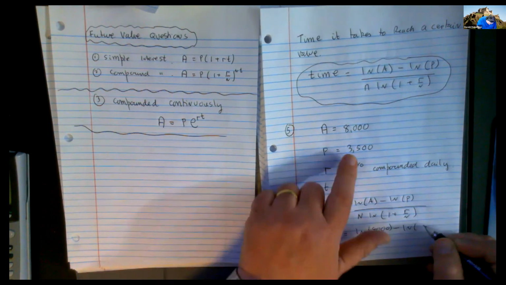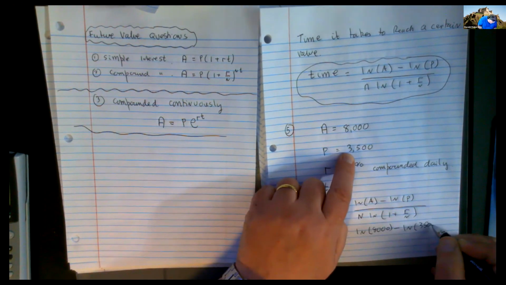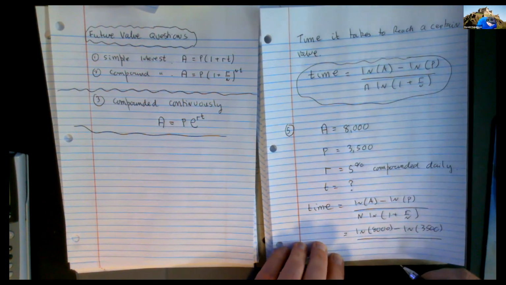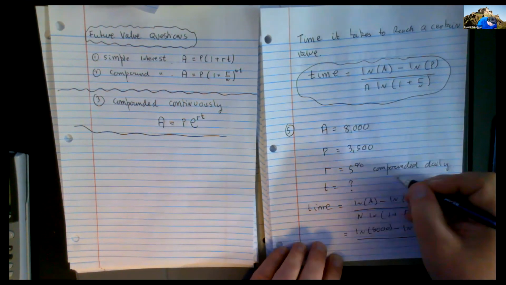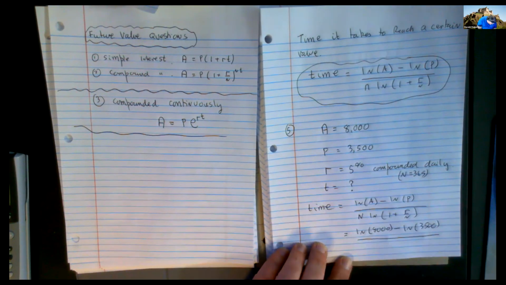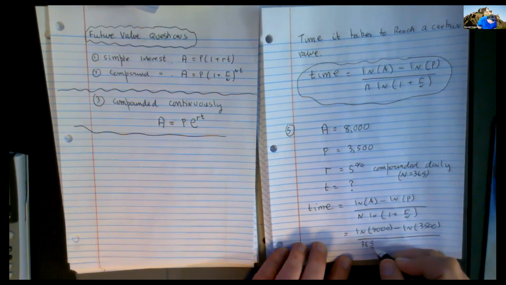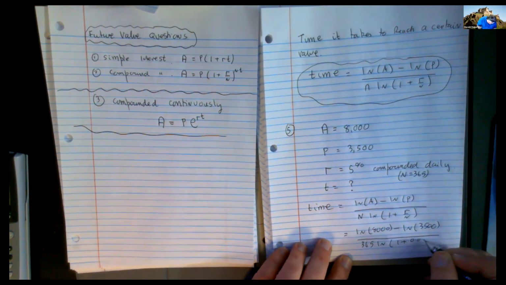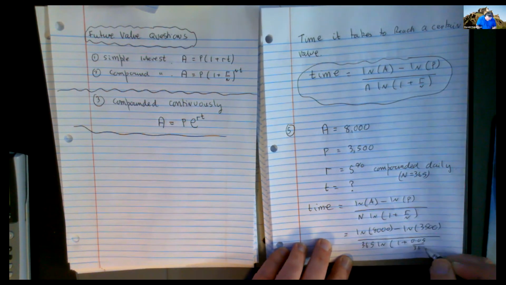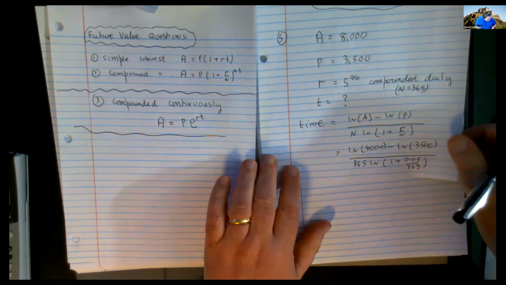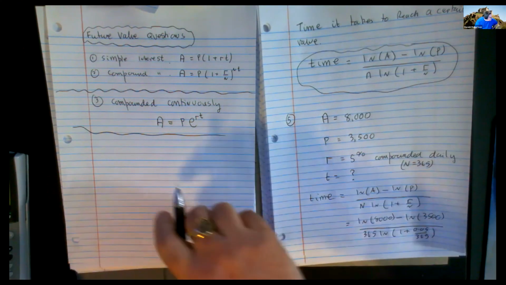Take away the natural log of 3,500, because that's what P is. Over, since it's compounded daily, N is 365, times the natural log of 1 plus 5% divided by N, which is another 365. So that ugly calculation is going to tell me my answer.